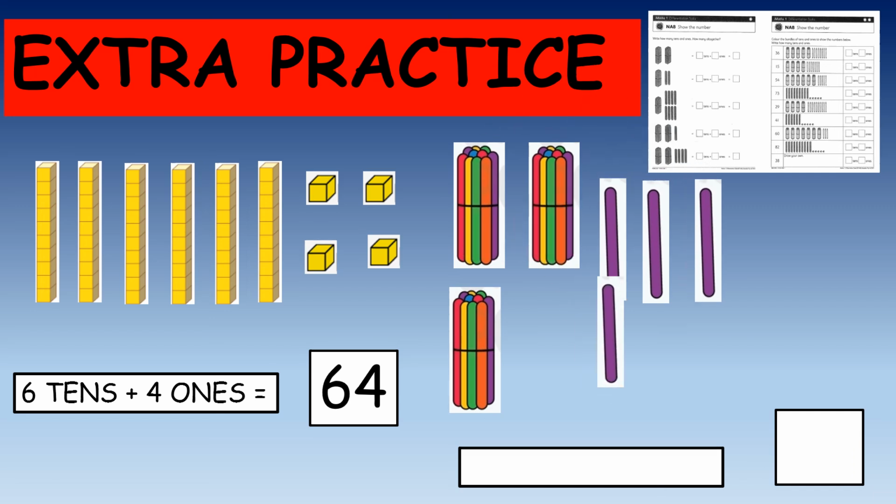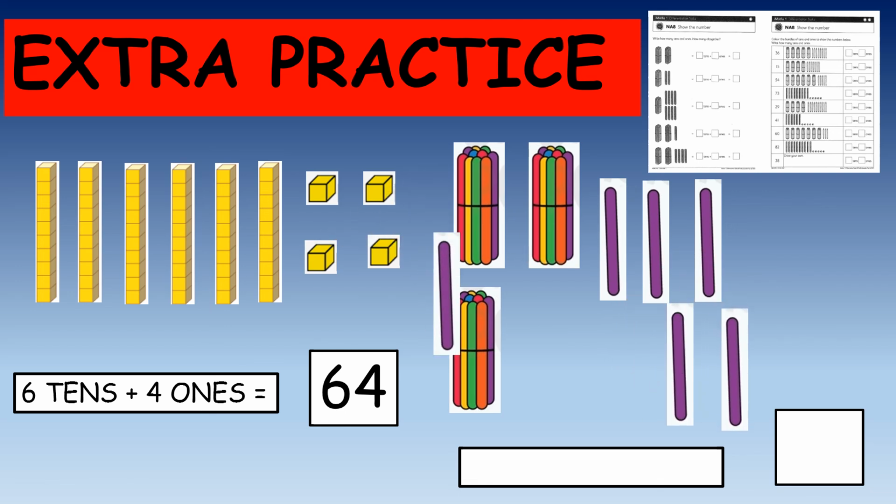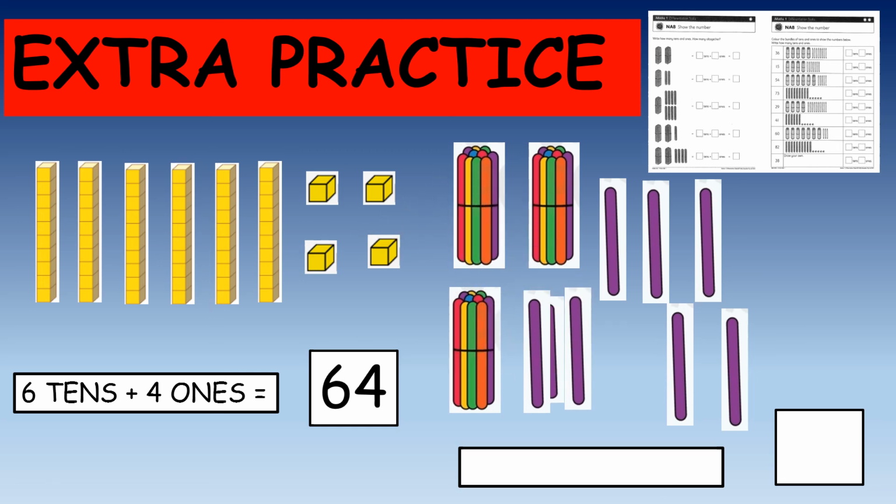Now I've got 3, 4, 5, 6, 7, 8. There are 3 bundles of 10 and 8 1s. I wonder if you know how much that makes. 3 lots of 10.